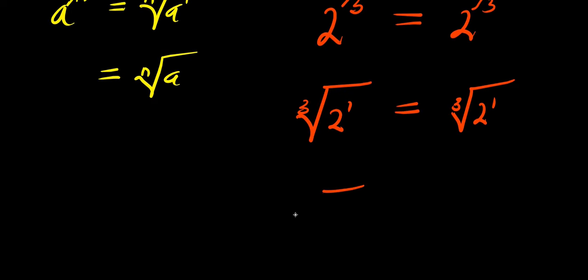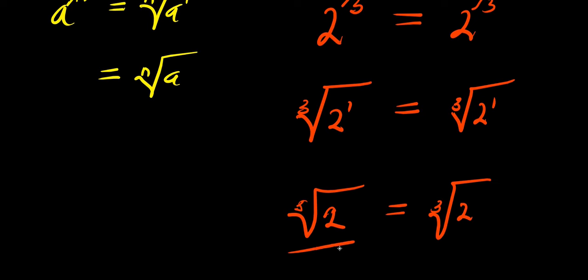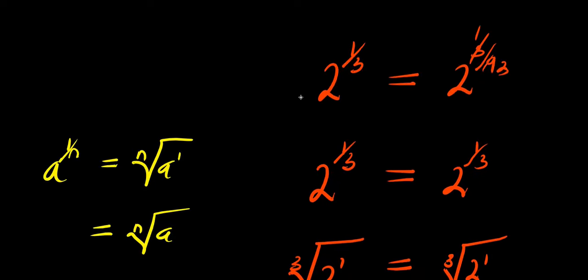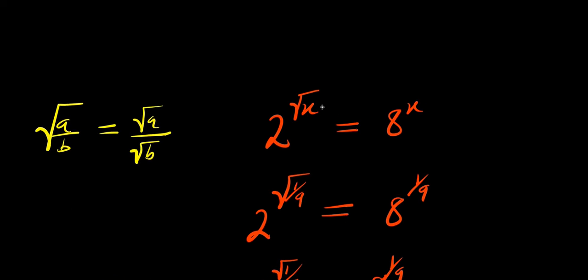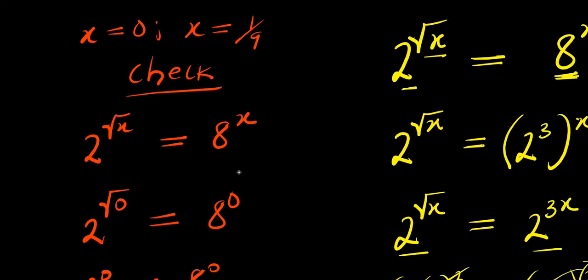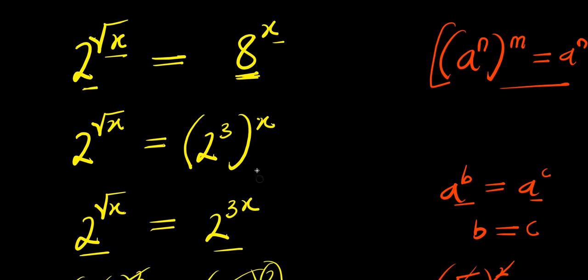So we have cube root of 2, and this equals the cube root of 2. This and this are the same. So guys, this is how you can easily solve this exponential problem step by step. And guys, that is it. 2 solutions tested and they are proven to be correct. Goodbye.